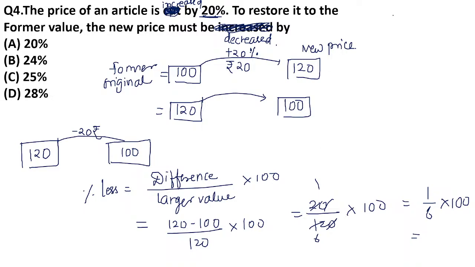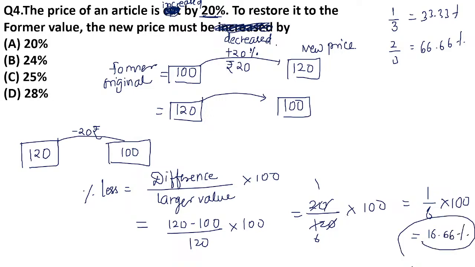See, what is the value of 1/3? 33.33%. 2/3's value is 66.66%. But here what is asked? 1 by 6 is there. 1 by 6 I have given you 16.66%. Okay, so directly you can find the answer. Got it? Is everyone clear with this question?